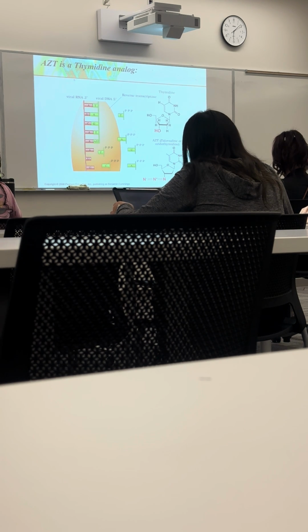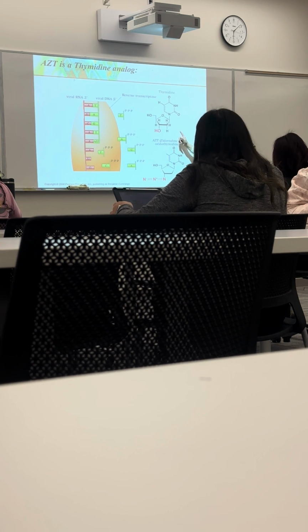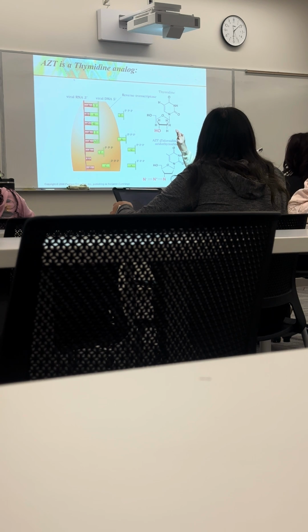Okay, so here's what they look like. Here we have thymidine. Thymidine is a part of DNA or RNA? DNA. You can also tell because it has the hydroxyl group right here.